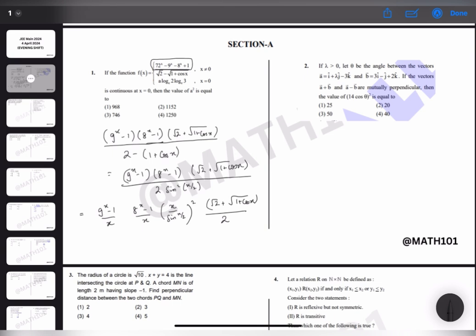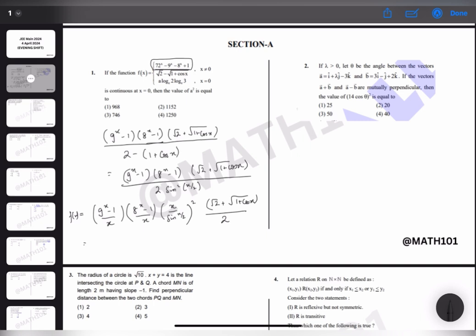This is f(x). So limit x tends to 0. All of these limits individually exist, and hence we can argue that the product of these limits would be the required limit.